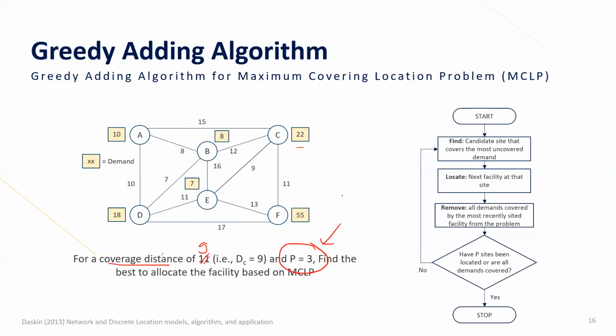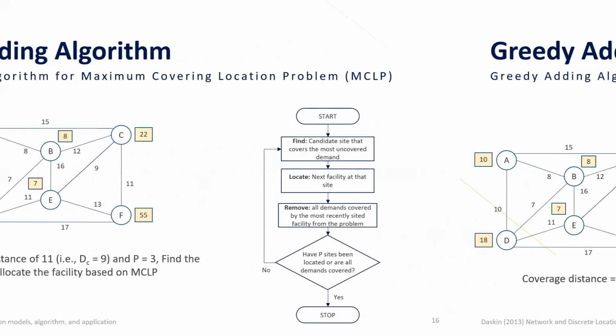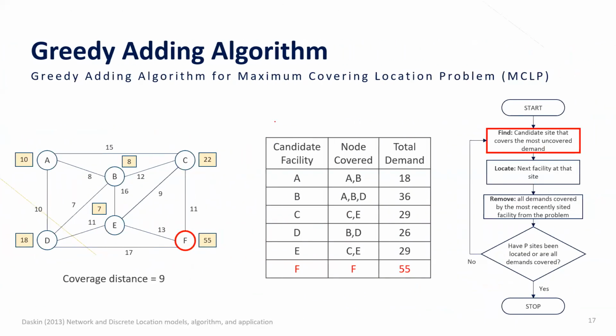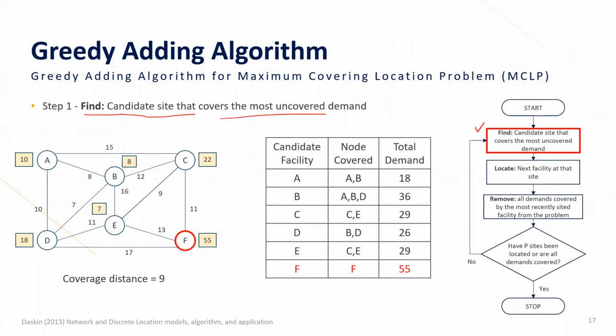Okay, let's start using this example. First, the first step in greedy adding is number 1. Here, I put a red box. This is the enlargement of the explanation: find the candidate that covers the most uncovered demand. To do that, what should you do? Of course, first you need to list all the facilities that are available, that are not yet selected.